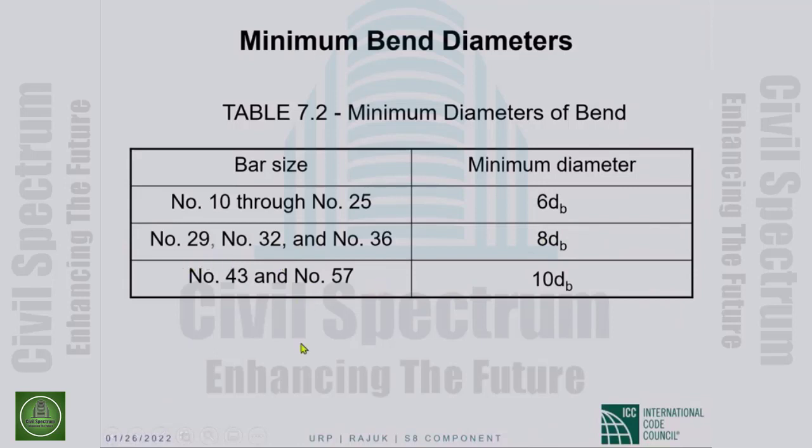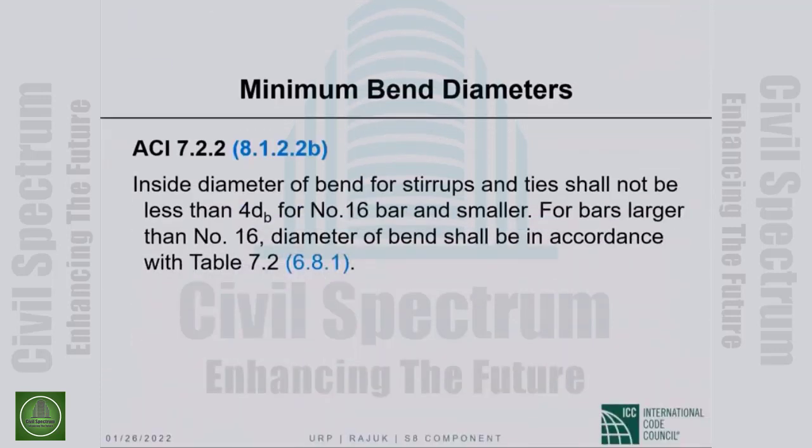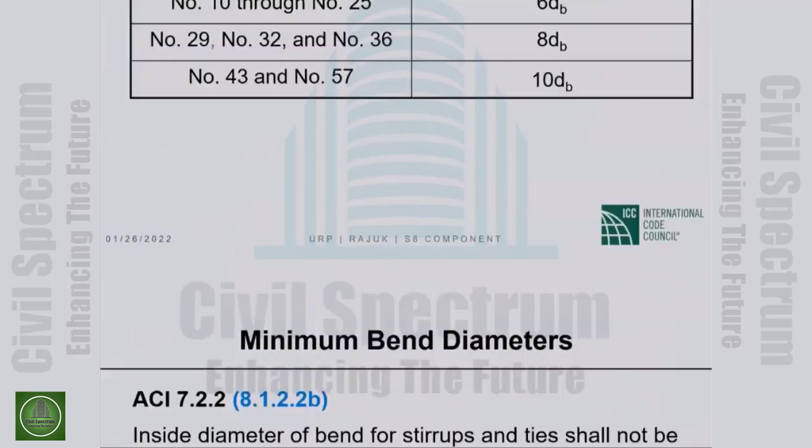The very large, our number 11 and number 14, as we call them here, 57 millimeter diameter, 10 bar diameter is the minimum bend diameter. So that was for longitudinal bars, this table.